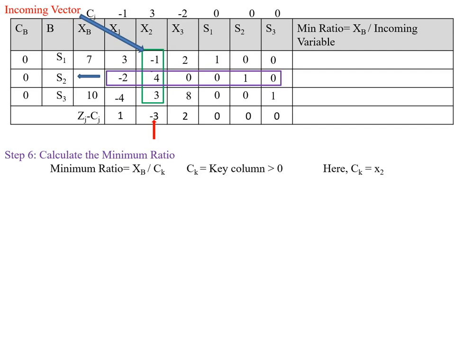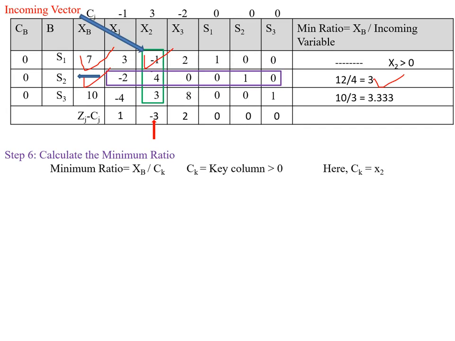So first, for the 7 value, we observe that the respective ck value is -1. If the ck value is negative, we don't need to calculate xp by ck. Next, the xp value is 12, for the respective ck value of 4, and xp by ck equals 12 by 4, that is 3.